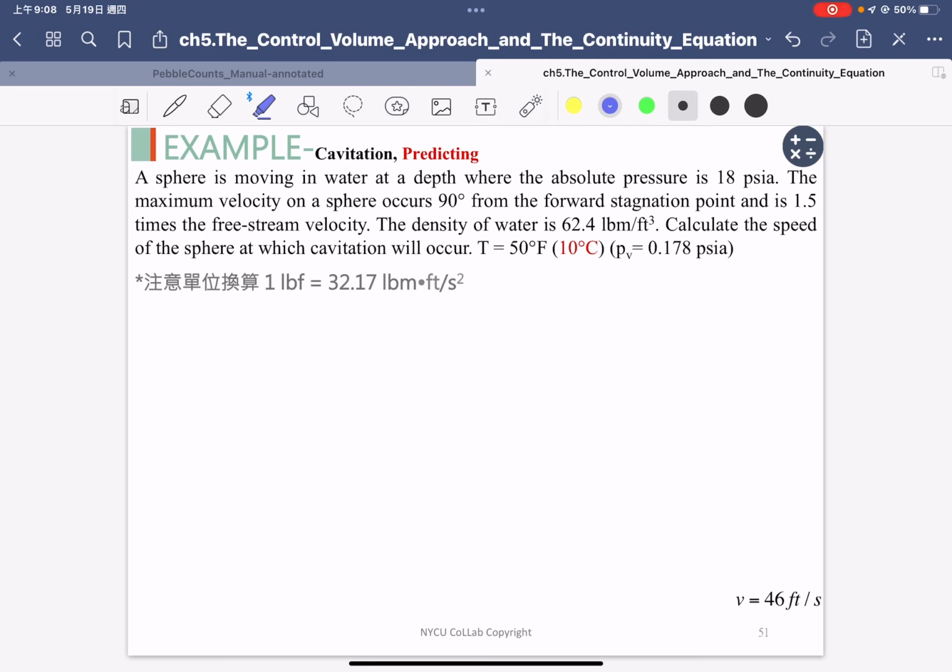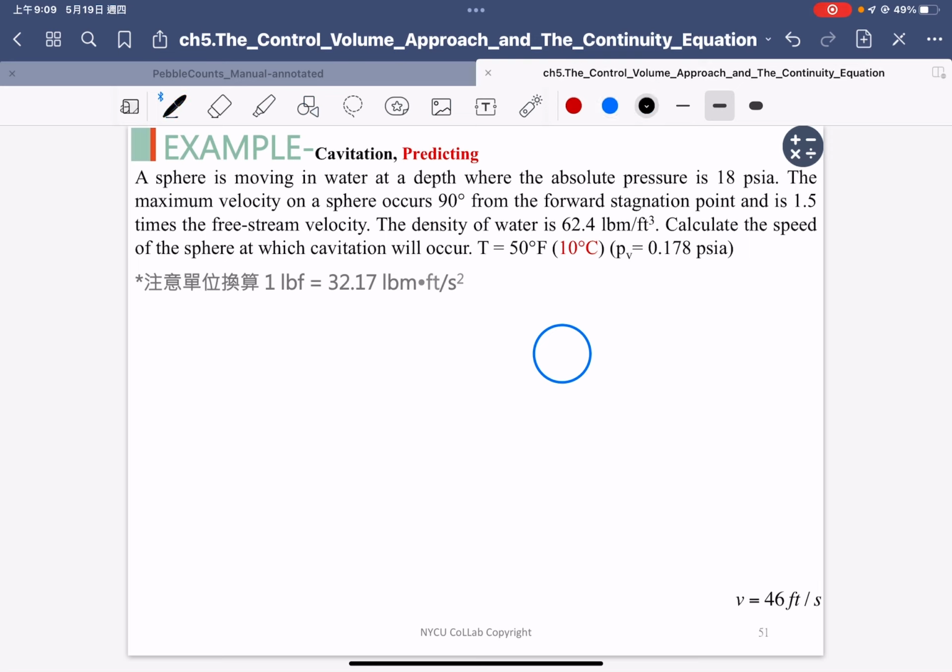Okay, so the question tells us we have this sphere, the circle here, moving in water at a certain depth where the absolute pressure is 18 psia.